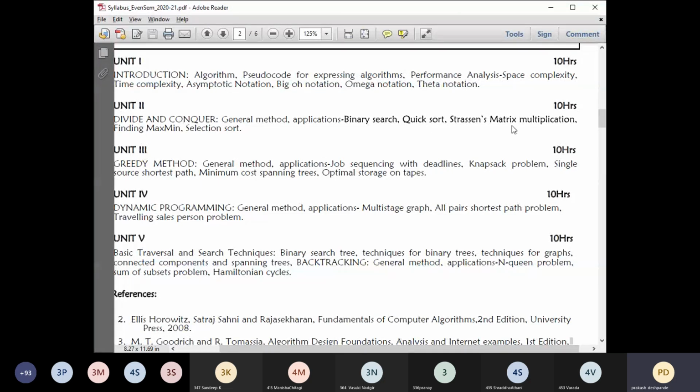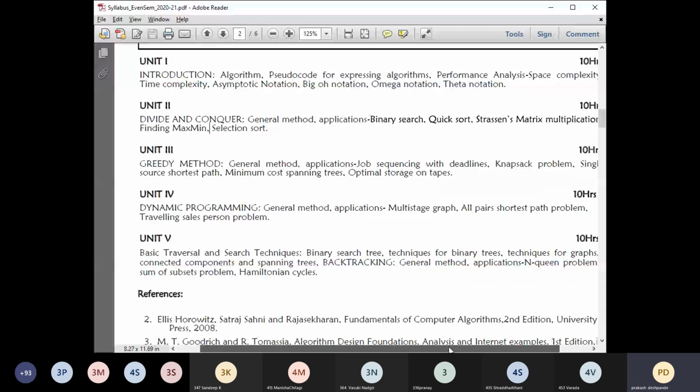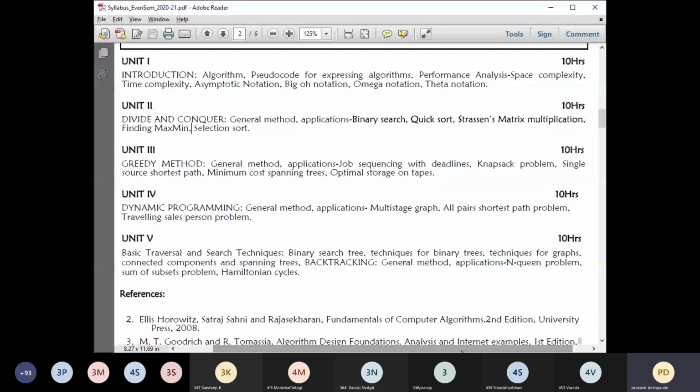Then Strassen's matrix multiplication, right? This is a very popular solution wherein, very effectively and in a very short computation time, we can perform matrix multiplication. So far, probably in your first or second semester, you might have written some C programs wherein you computed arithmetic operations on matrices, like addition and subtraction.